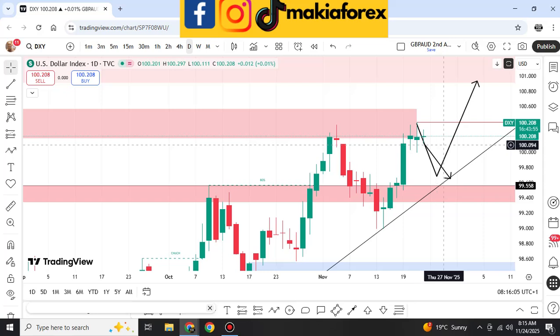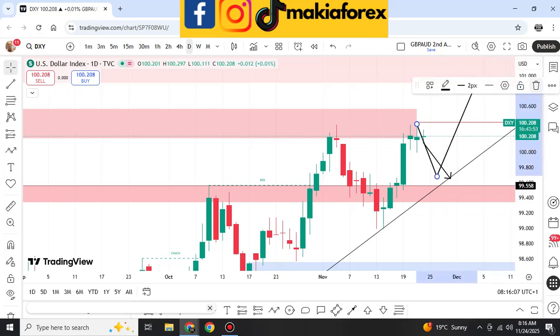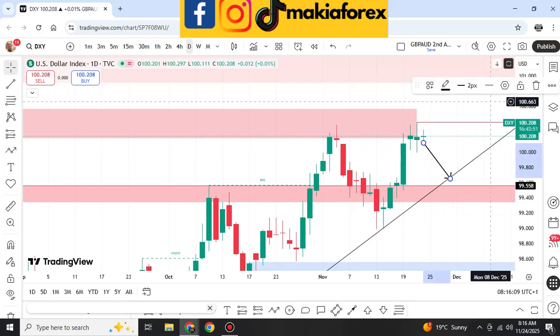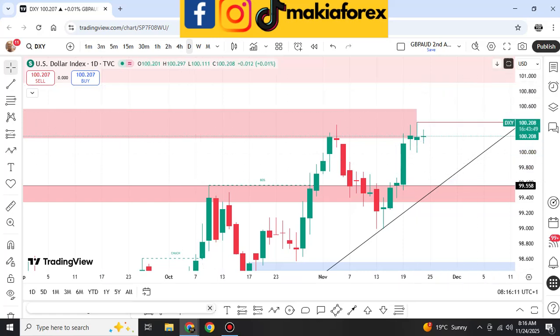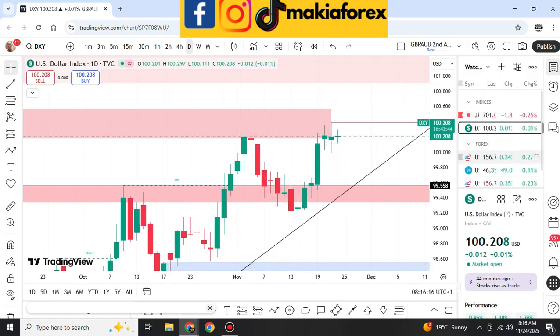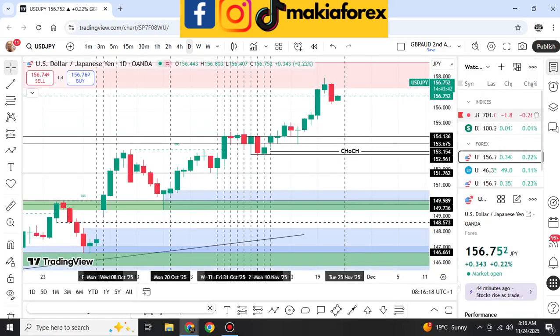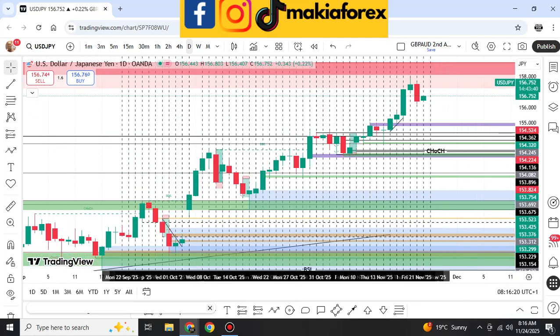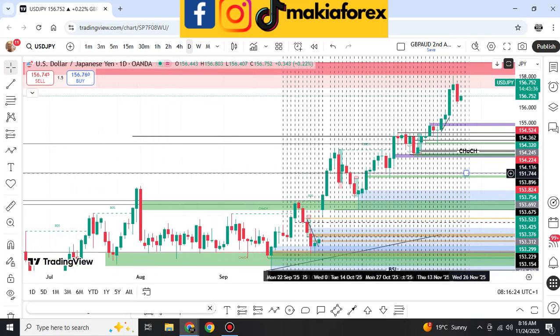Okay, with that said, now we know that we're on a bullish trend on the DXY. We can now go to the USDJPY. So this is USDJPY, and we can see that USDJPY is also on a bullish trend. When the DXY is on a bullish trend, same thing goes with the USDJPY, because they are correlated.